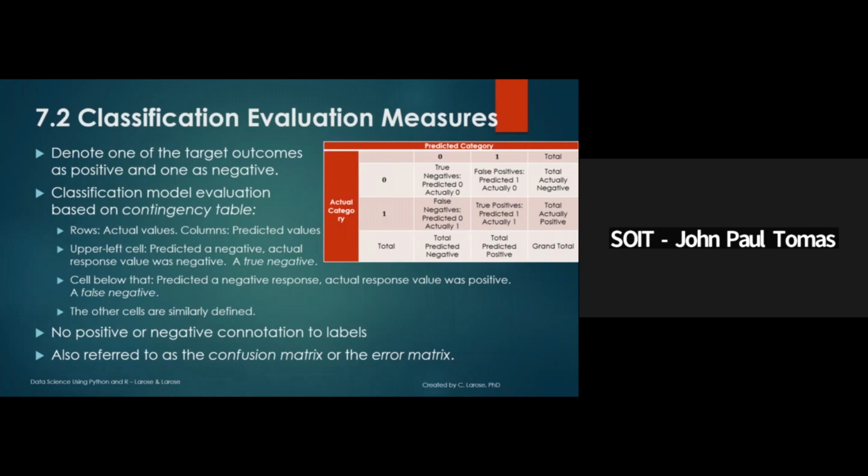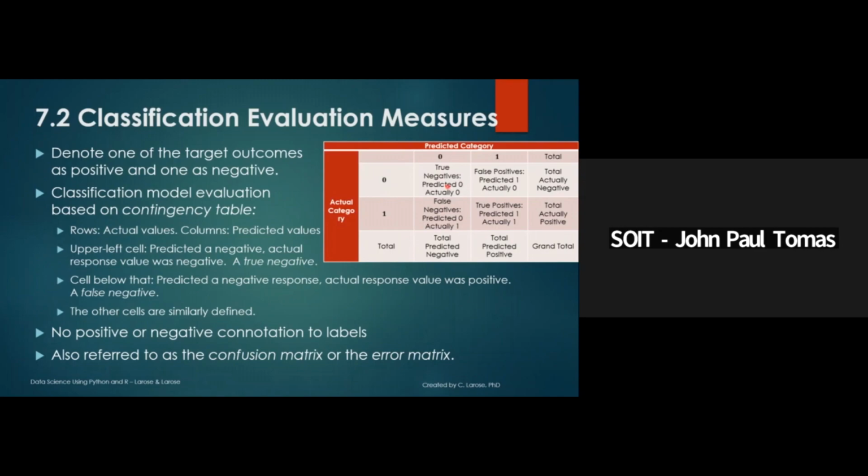To put this into perspective, here you have the actual category and the predicted category, and here is 0 and 1. Anything 0 and 0: the actual value is 0, and the model predicted 0 as well. So these are true negatives.